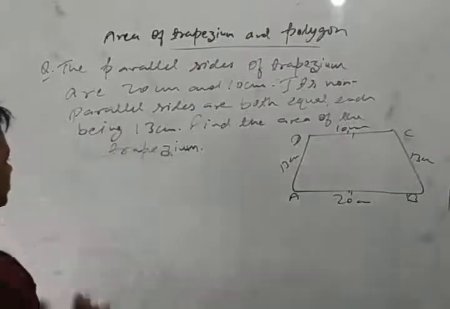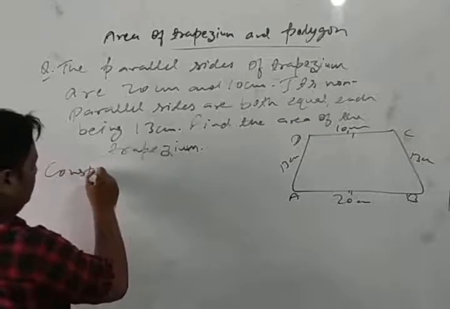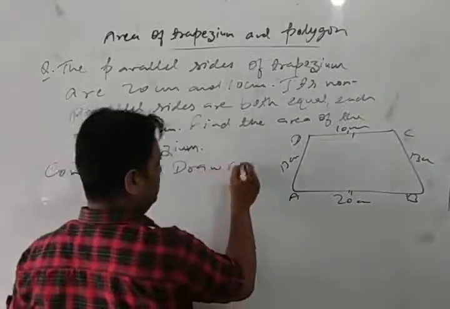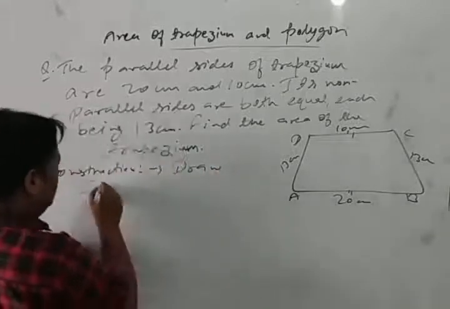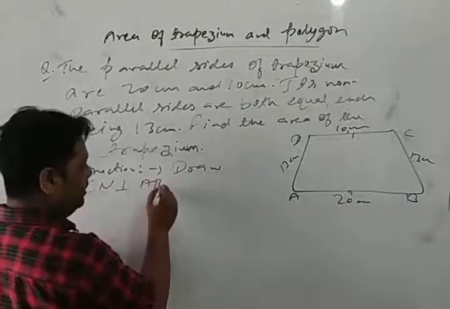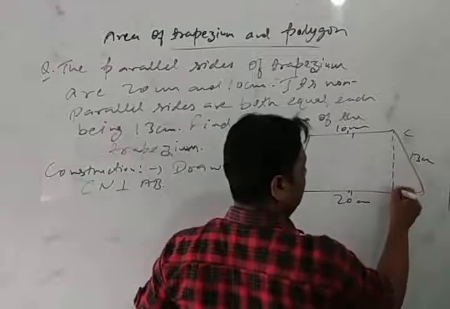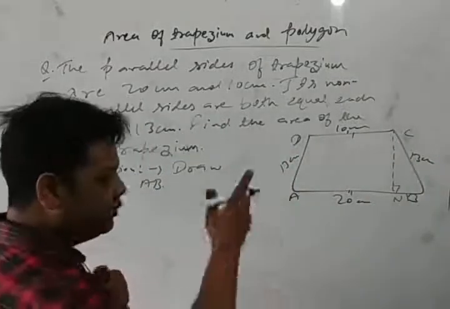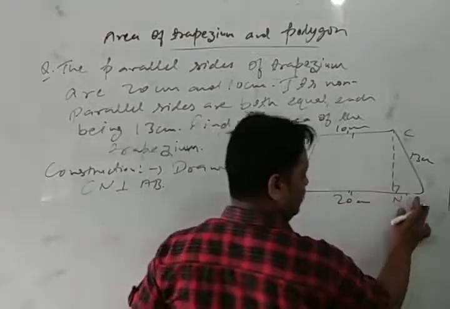We will do some construction in this question. Draw CN perpendicular to AB. Then it will be the altitude of the trapezium and also the altitude of triangle CNB.